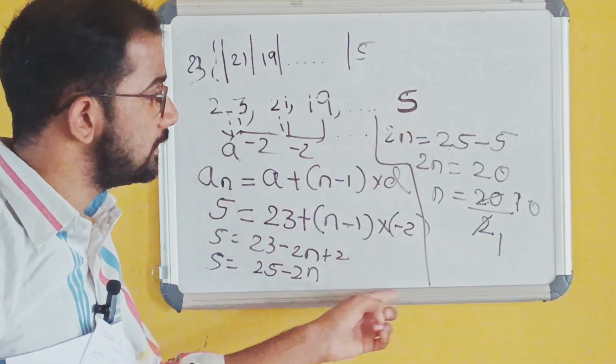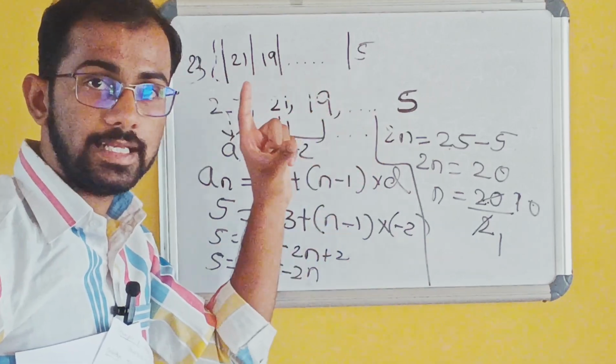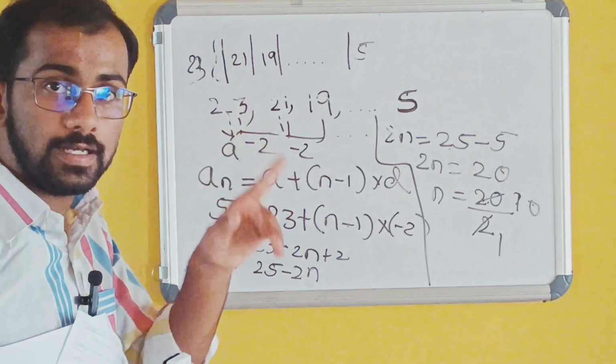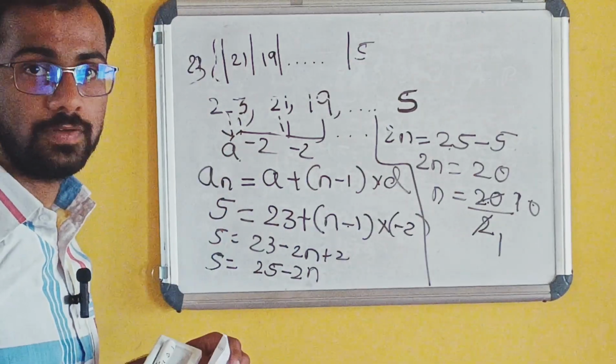After solving, we get n equal to 10. So there are 10 rows in one flower bed. This is how we have to solve this type of example.